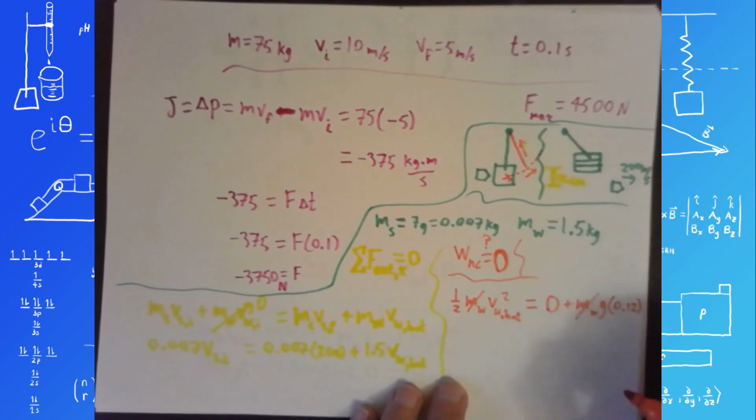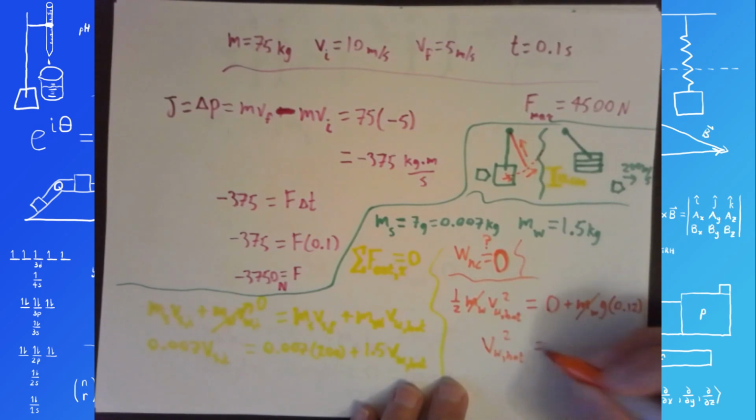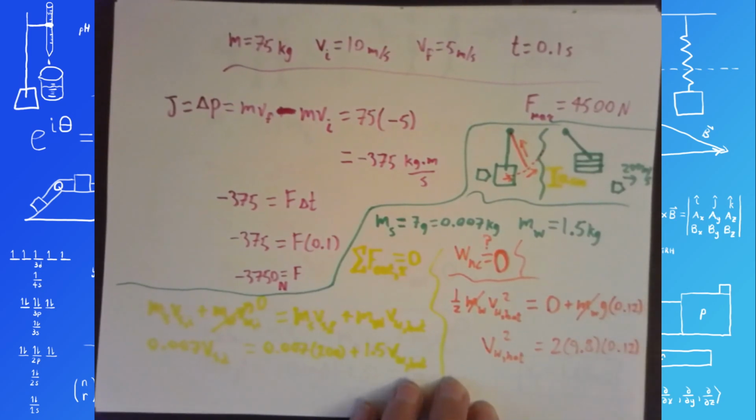And I can multiply the 2 over, so I get V wood bottom squared is equal to 2 times 9.8 times the 0.12 from earlier, and then if I take the square root of that, the square root of 2 times 9.8 times 0.12 is 1.53.